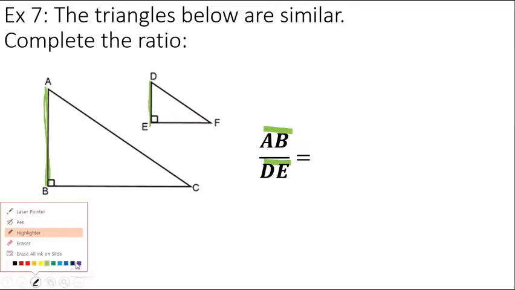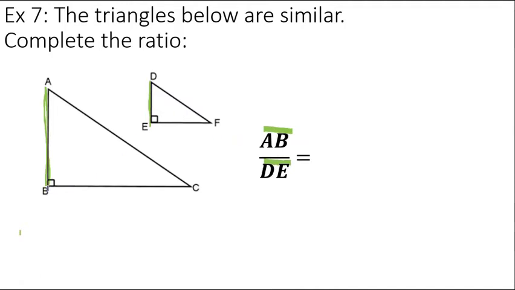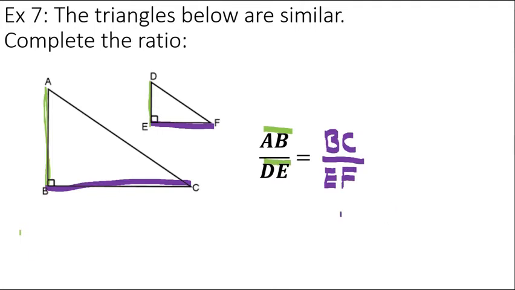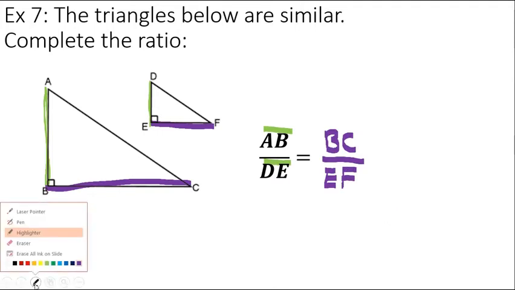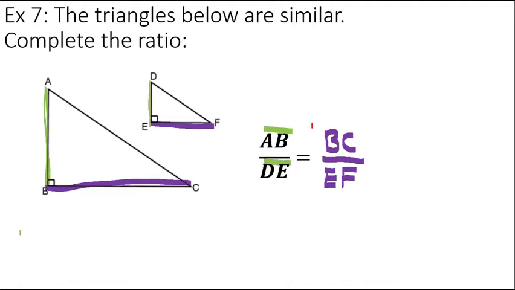Okay, so now I pick another side. Let's say BC goes to EF. So on top, BC over EF. Okay, which means the last side, FD and CA go together.